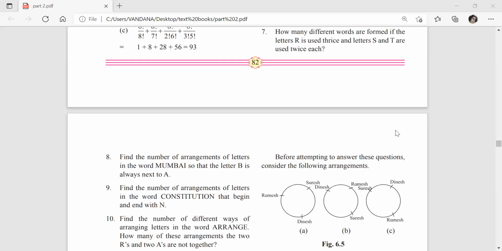Find the number of arrangements of letters in the word Mumbai so that the letter B is always next to A. All the letters of the word Mumbai.